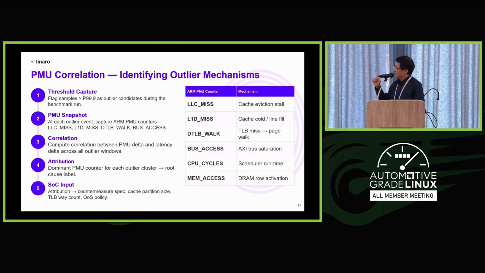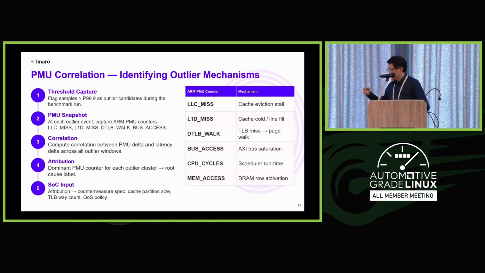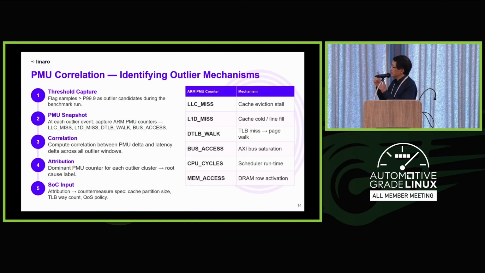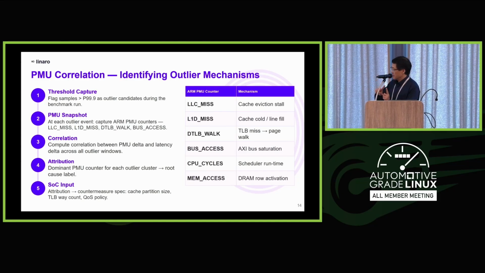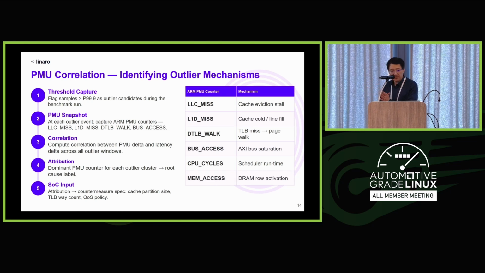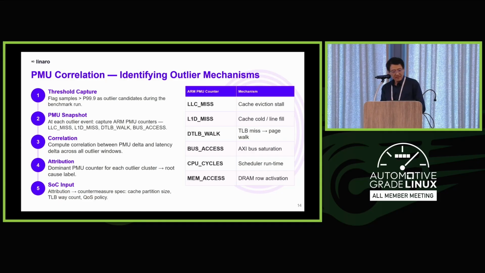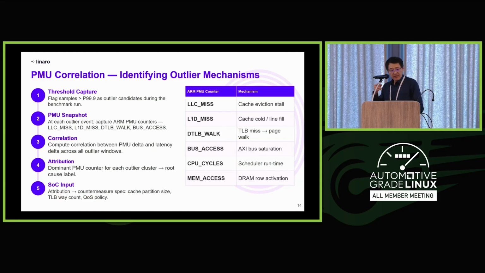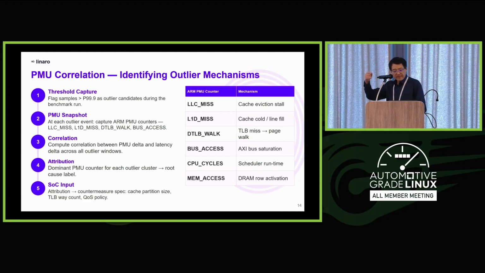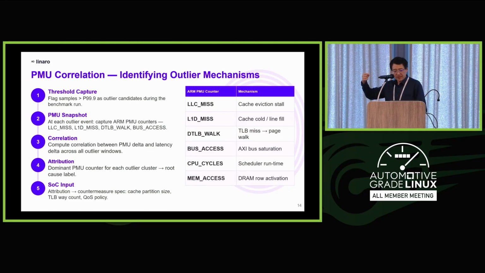Essentially, in our test framework, whenever we capture the different latency data, we also capture a performance counter before and after that outlier happening. Then whenever we finish these 4,000 iterations, we're going to have a snapshot of the performance counter, right?